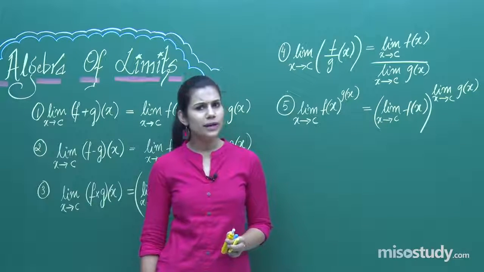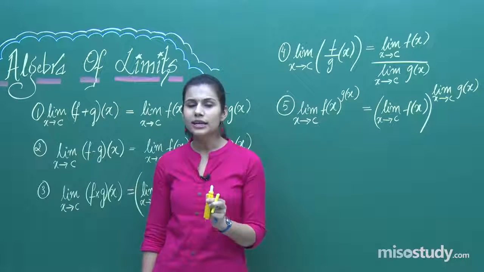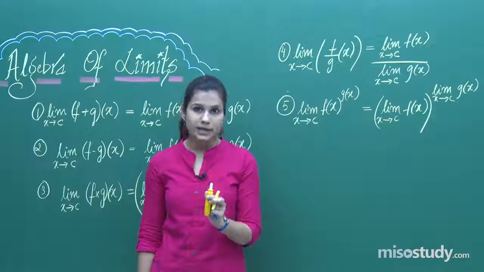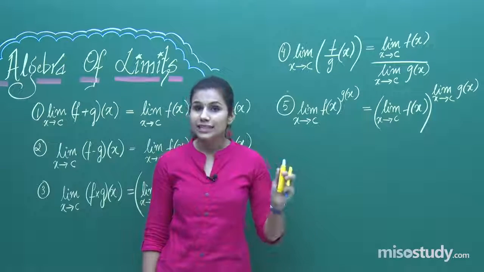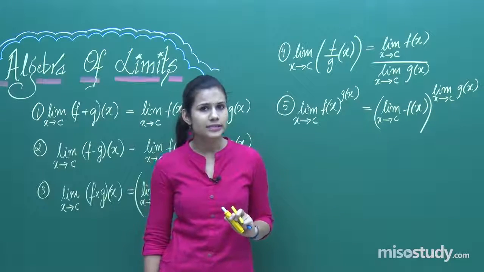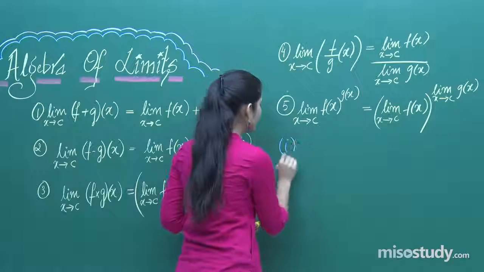But is that true always? Is it true always that by merely knowing the limiting behavior of the individual parts, we can evaluate the limiting behavior of the overall expression? Is that always true?